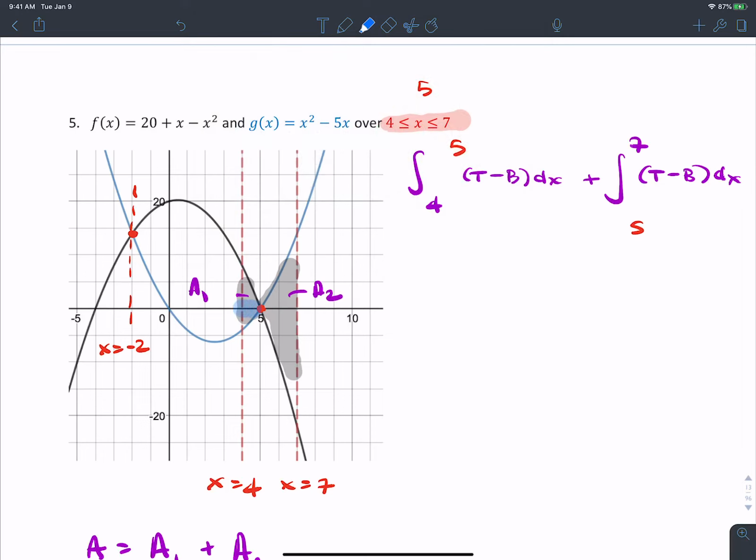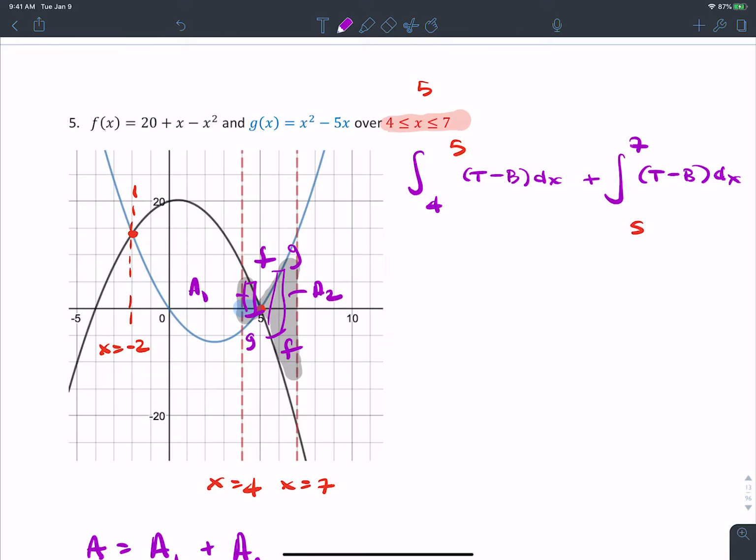The top curve is in black, is that right? That's the parabola that's opening down. Which parabola is opening down, the first or the second one? Is that F? Yeah. So this is F on top, G on bottom. I can draw the approximating rectangle. And then in the next situation it reverses. It's G over F.